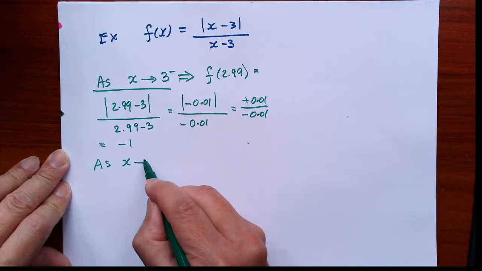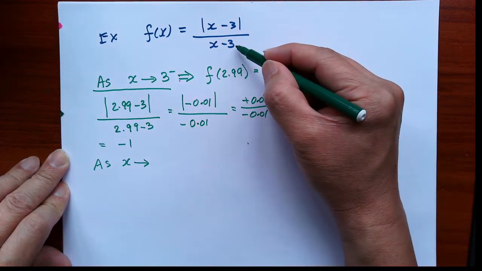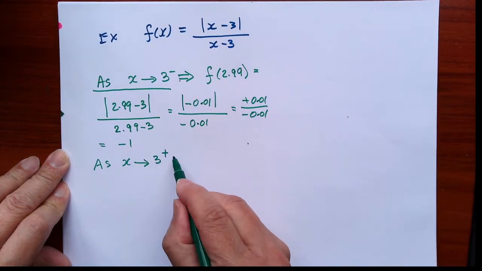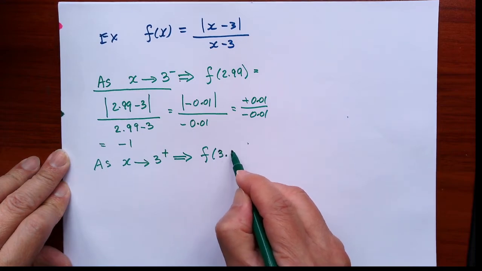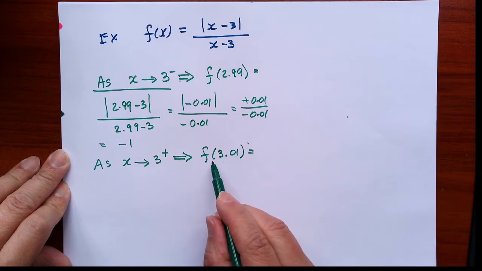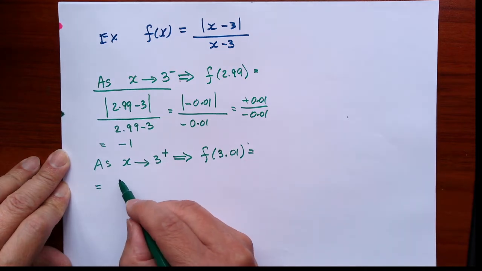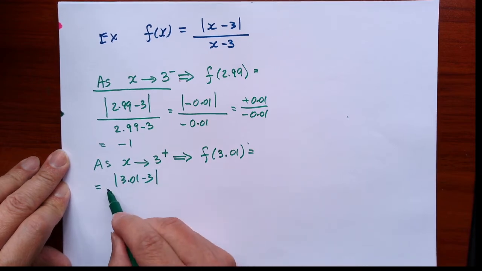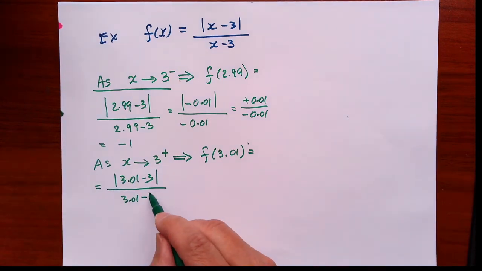As x approaches 3, it cannot get to 3, that would be undefined, but as it approaches 3 from the positive, f of 3.01, a little bit bigger than 3, coming in from the positive, is equal to the absolute value of 3.01 minus 3 over 3.01 minus 3.